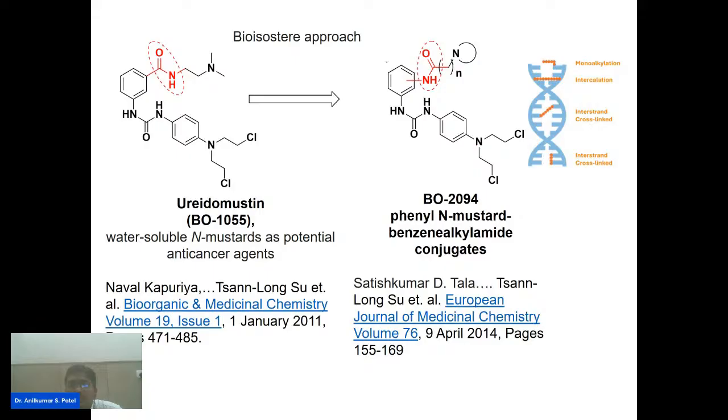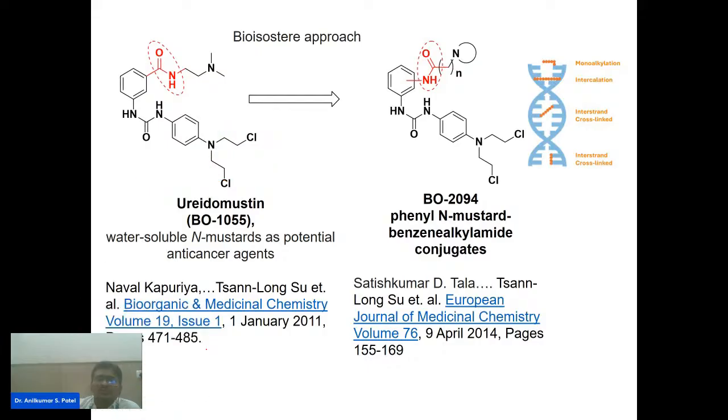These two molecules have very good water solubility, which gives very good biological activity. However, the disadvantage of this nitrogen mustard is toxicity to normal cell lines.